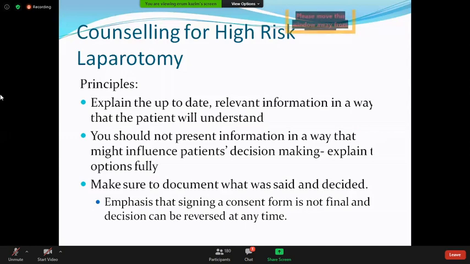So documentation is very, very important. And the hospitals provide consent forms to the doctor for documentation purposes. And it also has medico-legal importance.